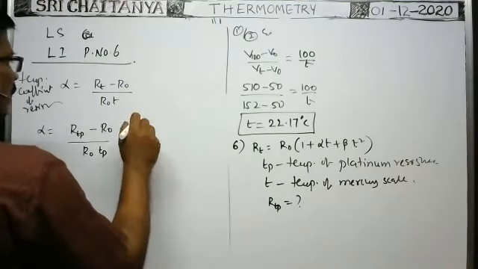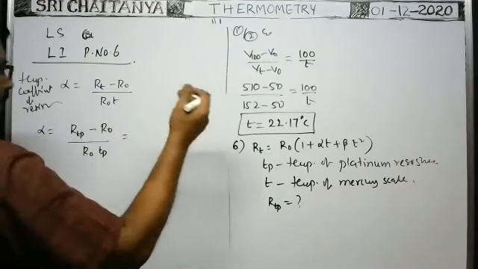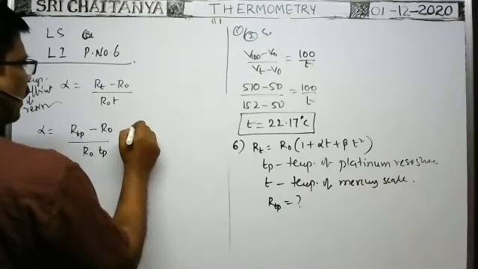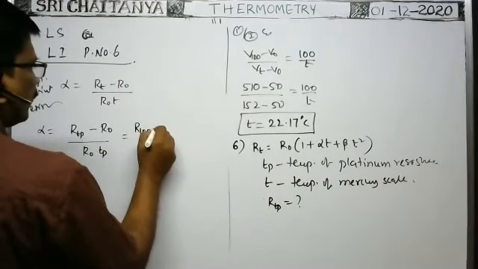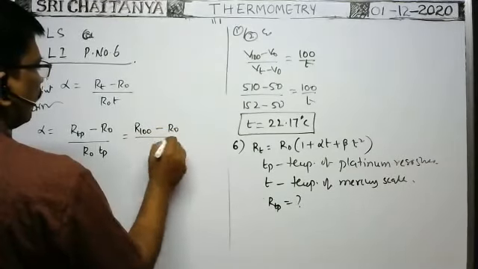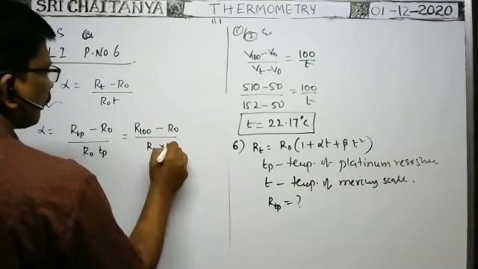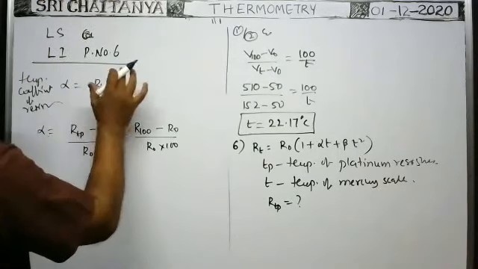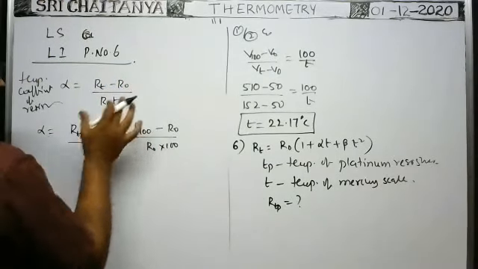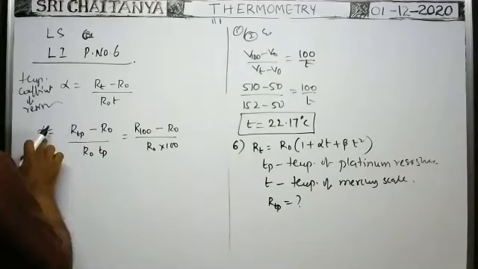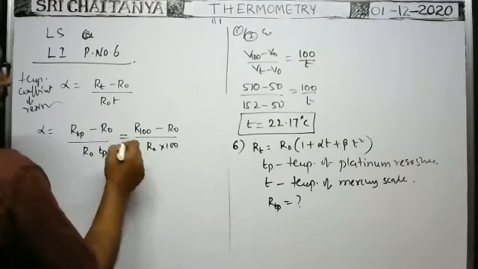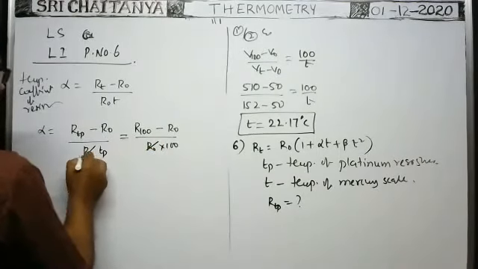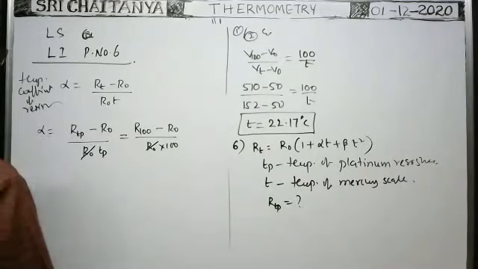The same formula can be used for 100 degrees centigrade also. At a temperature of 100 degrees centigrade, the resistance is R100, so alpha is (R100 minus R naught) by (R naught into 100). It is also the formula for alpha only. As the same platinum resistance thermometer is used for these temperatures, these two are equal, and R naught cancels.